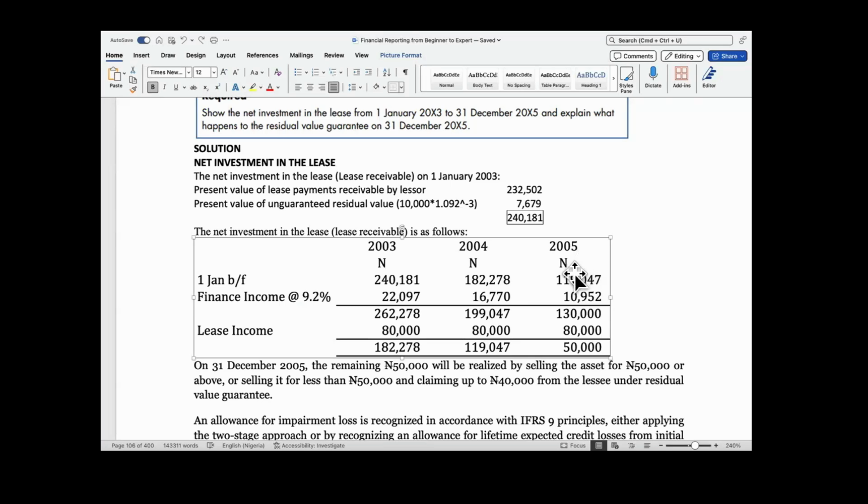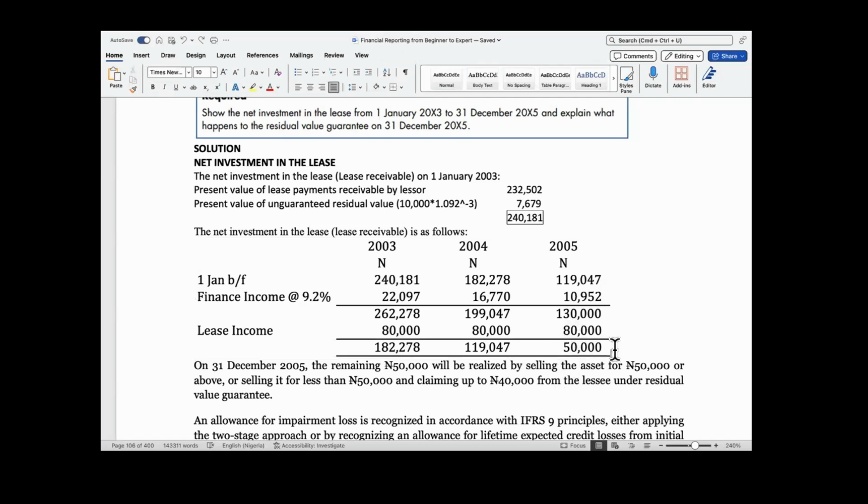You carry it to next year. You apply 9.2% on this, it gives you 10,952. You add it together, that's 130,000. You remove your rental income of 80K, you have 50,000.